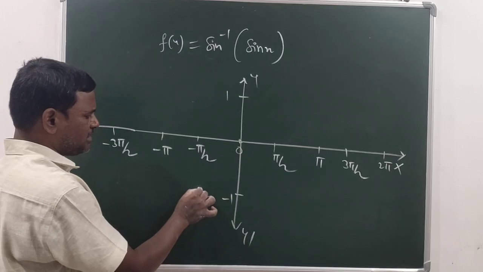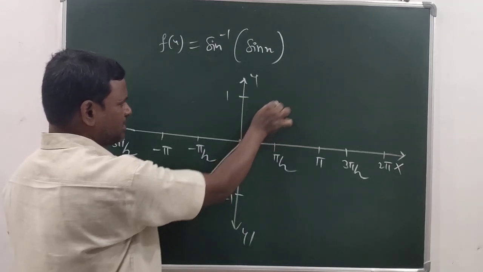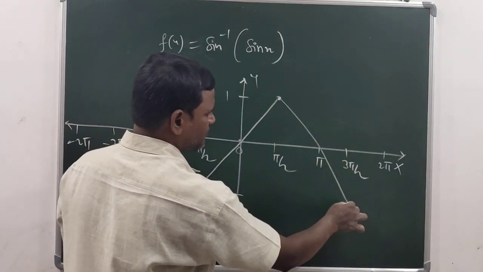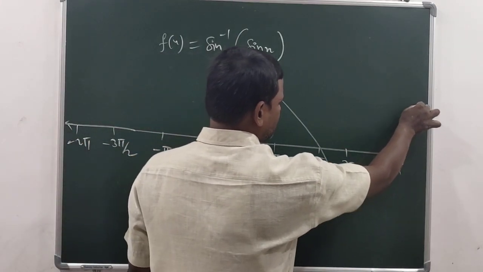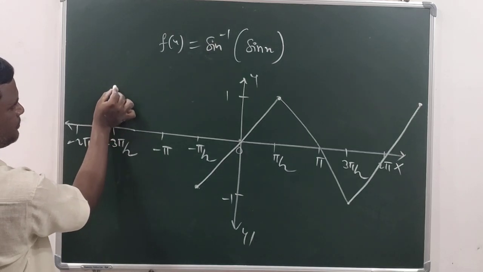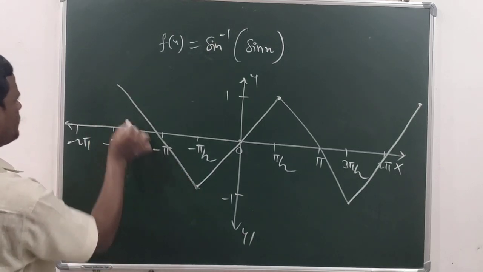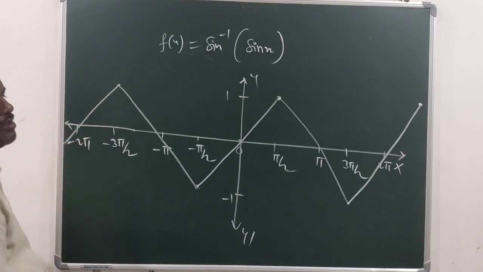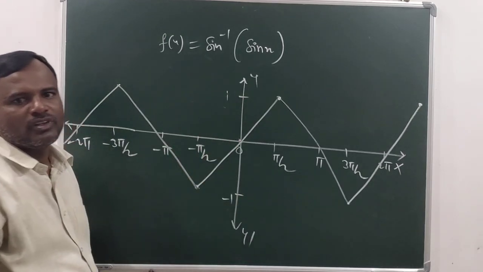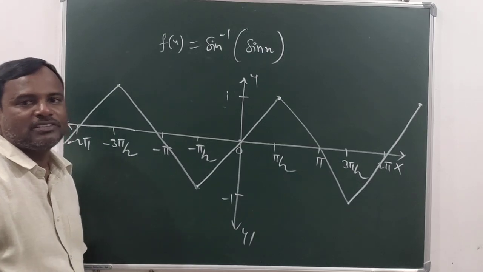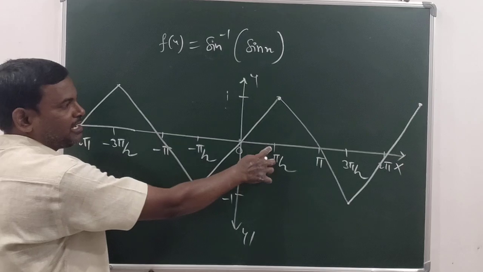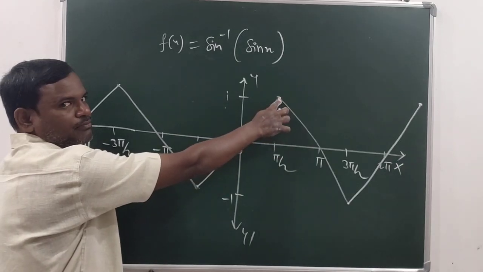You get a straight line from minus 90 to plus 90, and from plus 90 onwards you get like this. Again it will go like this. So this graph lies between minus 1 and 1, you know. Where are you getting sharp ends in this graph? At odd multiples of 90. See, at 90 it reaches a maximum value 1.